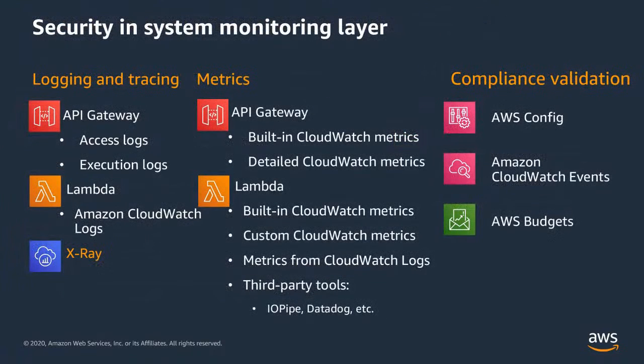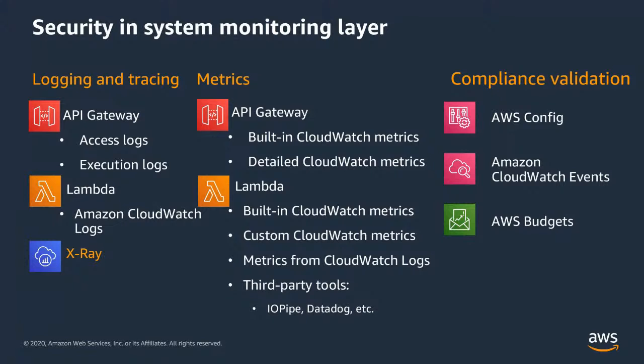Once you move on from authentication and go into systems monitoring, you're monitoring all your services. You would look at logging and tracing. With API Gateway, you get a lot of logs. All your services which you use on AWS, especially if they're managed, you would definitely get insights and logs of some sort. API Gateway has access logs and execution logs. Lambda has CloudWatch logs that go directly to CloudWatch.